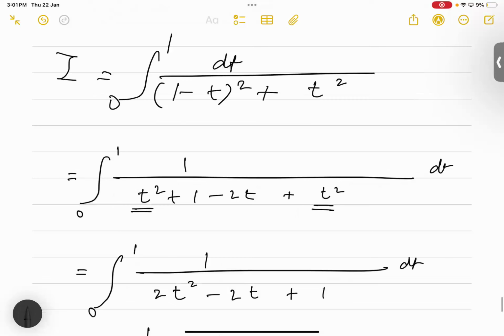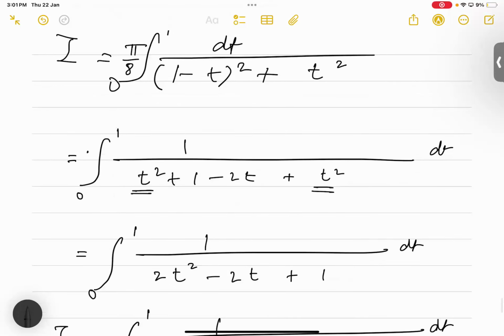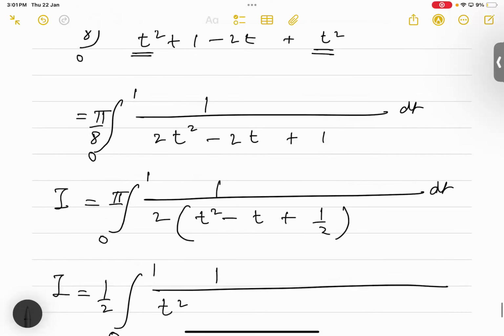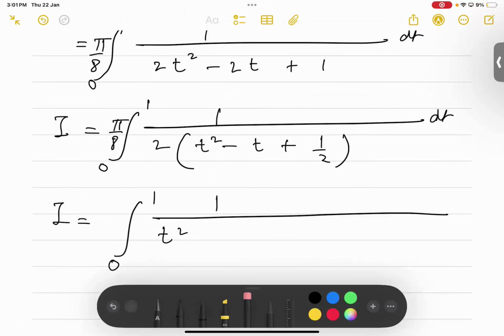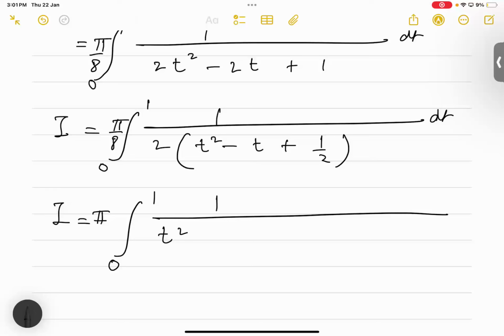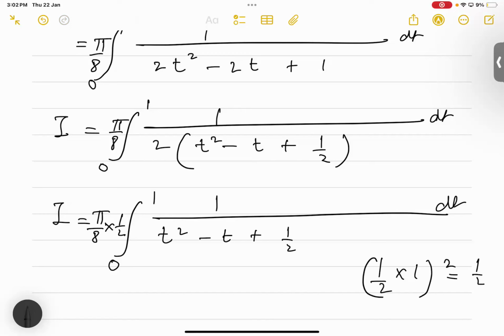This pi by 8 I forgot. So this will be pi by 8 into half, t square minus t plus half. Completing the squares. Half into 1 the whole square. Coefficient of t is minus 1, but then we are not taking the minus because of the square.